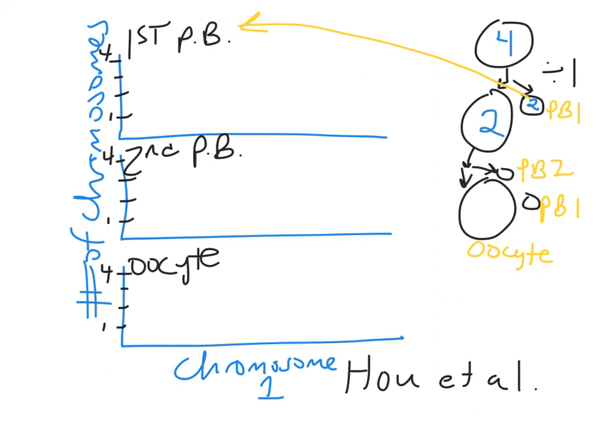And then in the second division, this cell divides its 2 copies of that double helix into the 2 daughter cells as well. So you wind up getting 1 copy of the chromosome in the second polar body 2. The first polar body still has the 2 it got in the first division, so nothing's changed there. Polar body 1 stays the same, and then the oocyte has 1 copy.